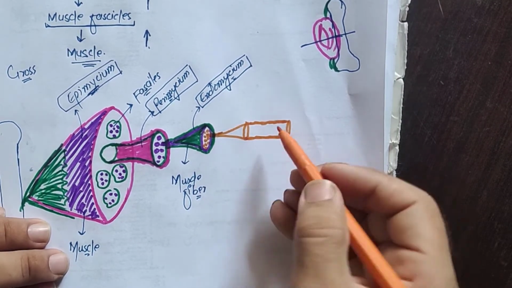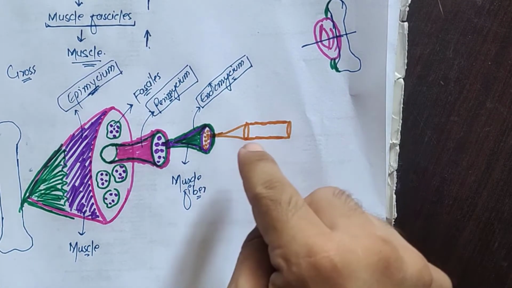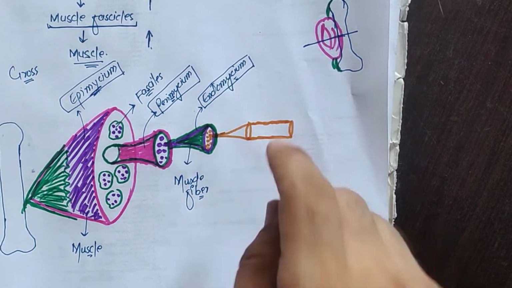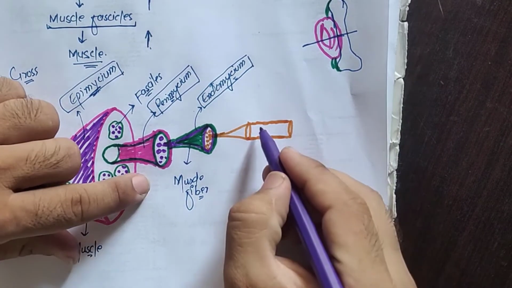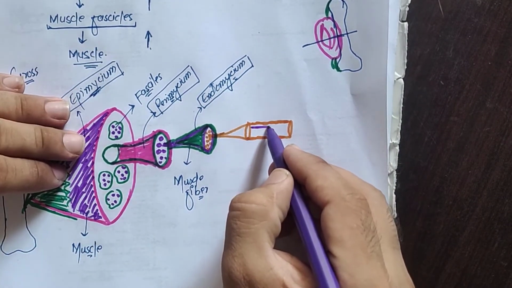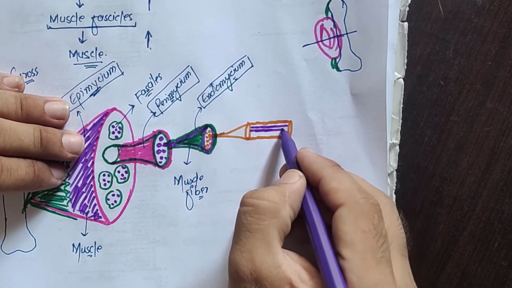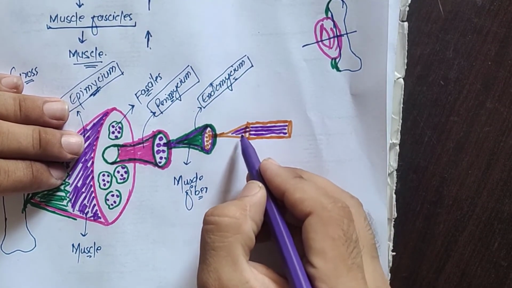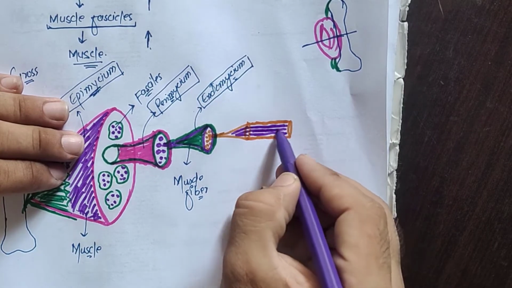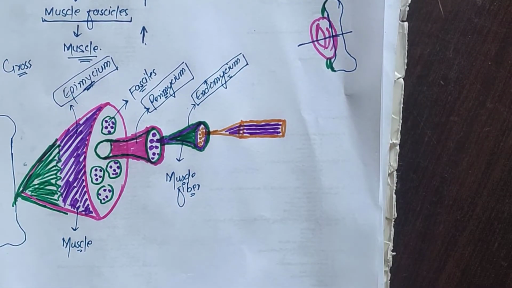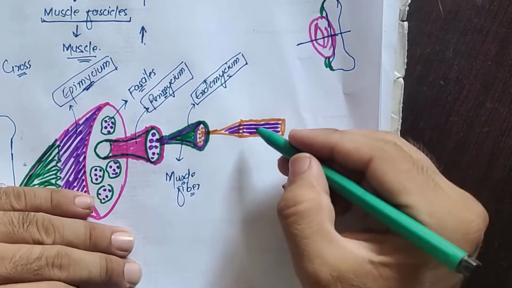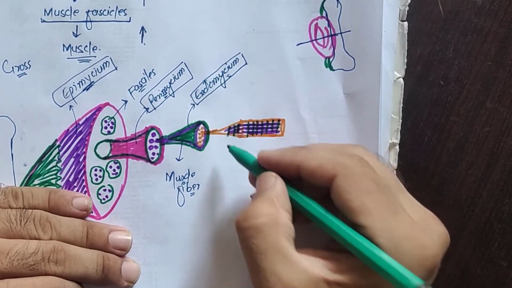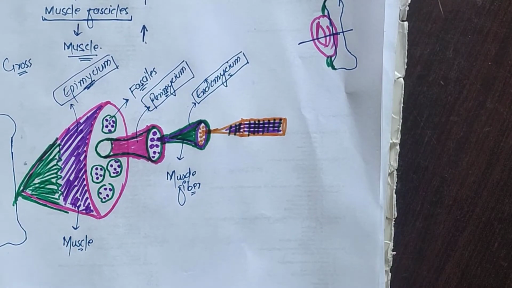So this is one myofibril, okay? And this myofibril contains what? Myofilaments, right? So there will be the presence of myofilaments like this. We will see the structure of these myofilaments in detail in the next lecture. These are your myofilaments, okay friends, and they are like this. I will discuss this in the next lecture.